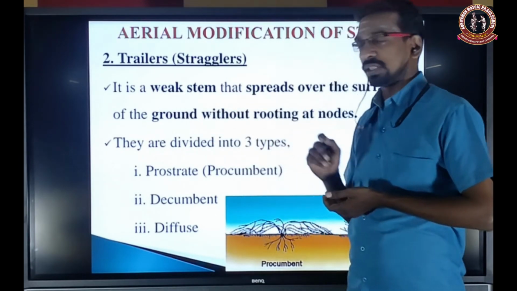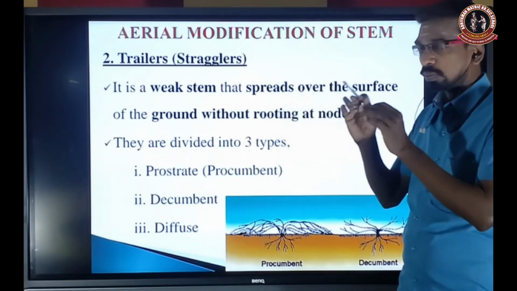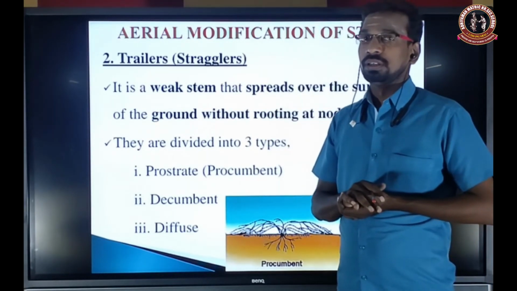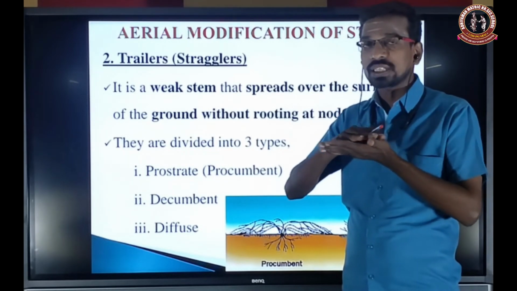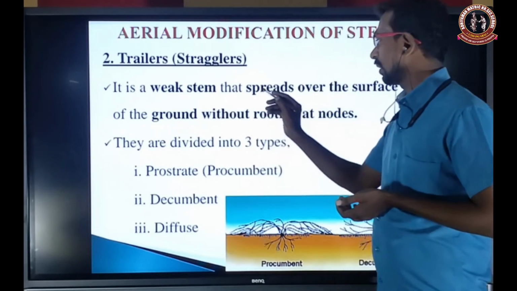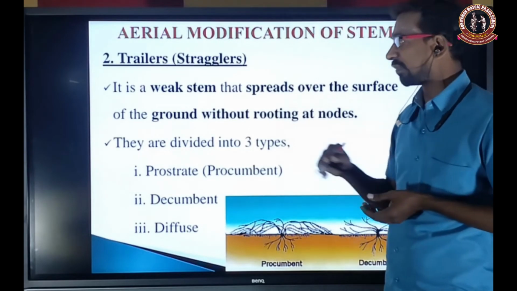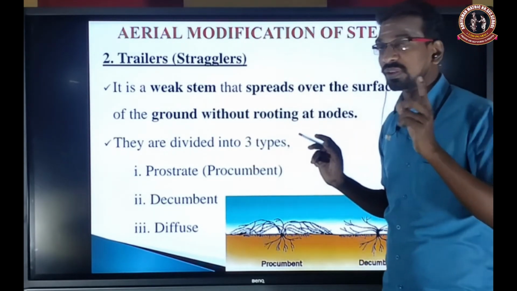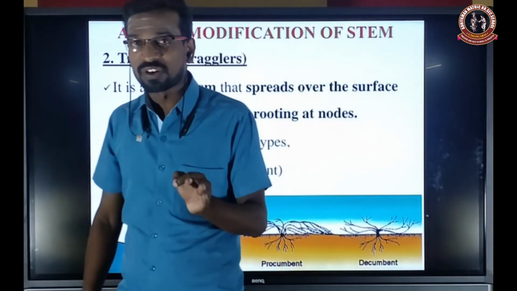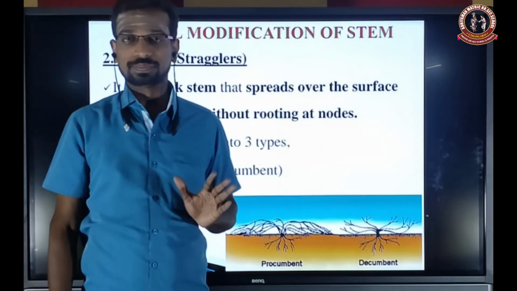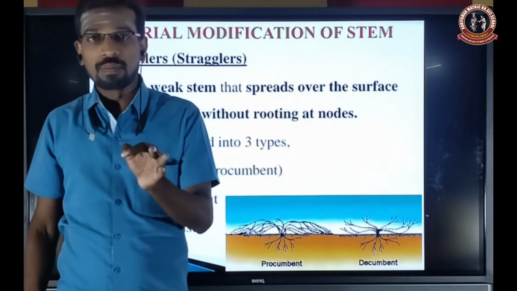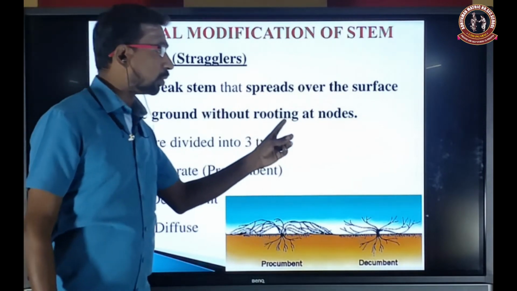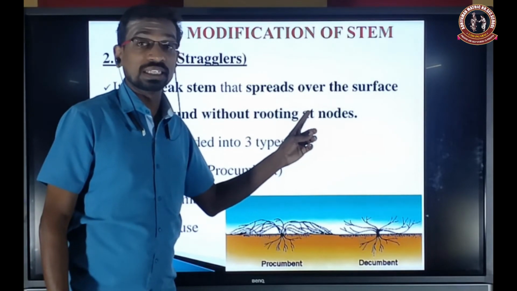So both creepers and trailers have a weak stem. That's why they can't grow straight, so they are present near the soil level, spreading over the surface of the ground without rooting at the nodes. That is very, very important. That is the major difference between creepers and trailers. Creepers form roots at each node, but trailers do not.